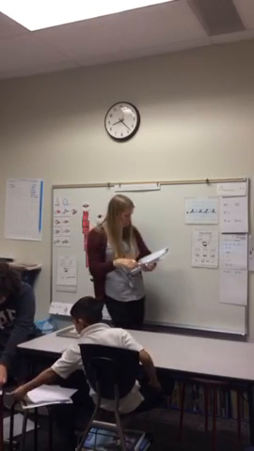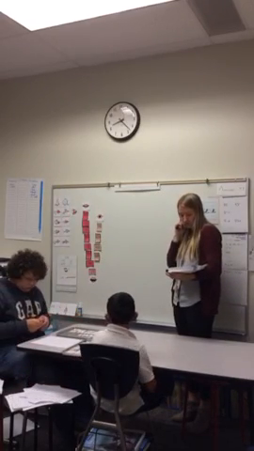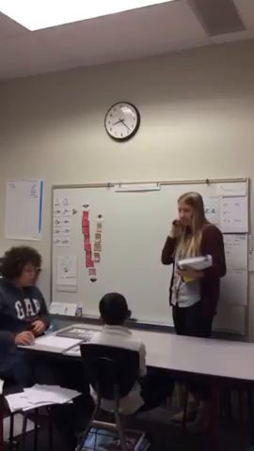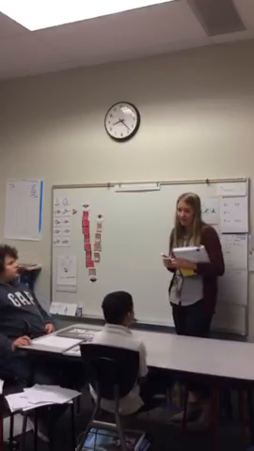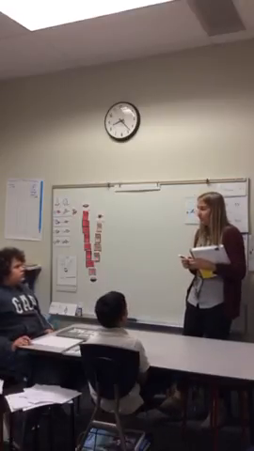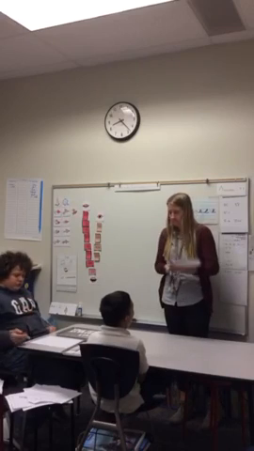Okay, so we know that when we hear E, we spell that pattern of sound digraph E, E, comma, E, consonant E, final E, E. So it could be one of those three.